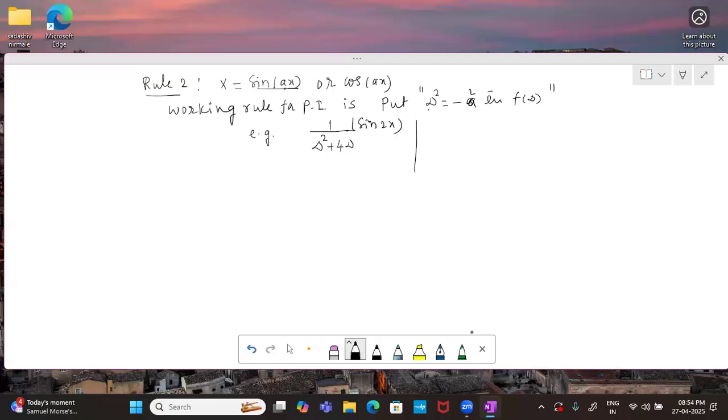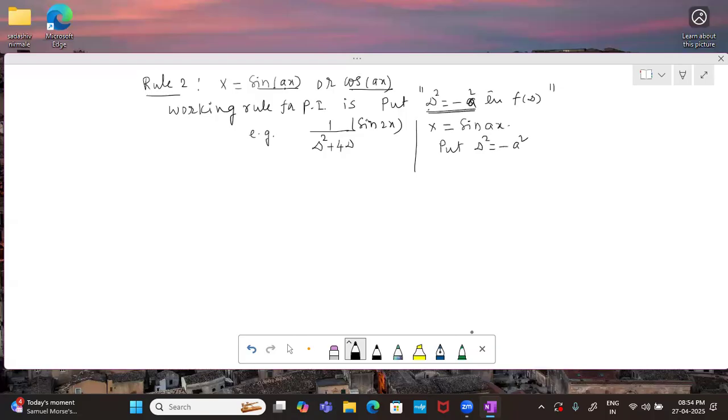We require this PI. So by this rule, sine 2x is the function equivalent to sine of ax. So for sine ax or cos ax, we always apply this rule. What is the rule? Here, what is capital X? Capital X is sine ax or it is sine 2x. So when capital X is sine ax, the rule is put D square is equal to minus a square.